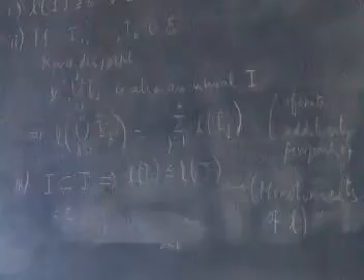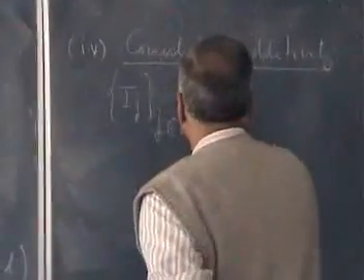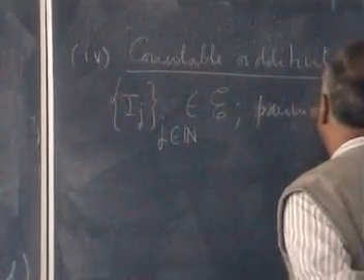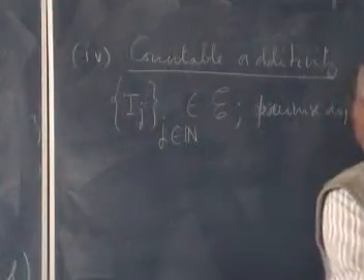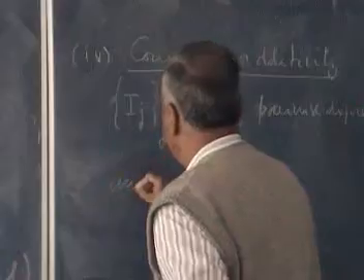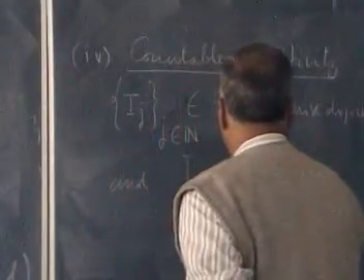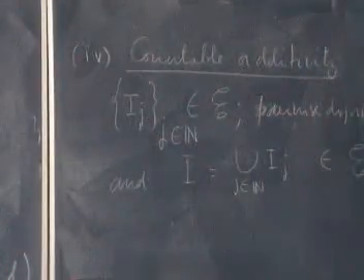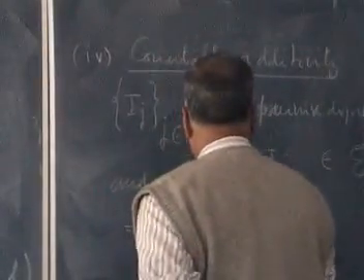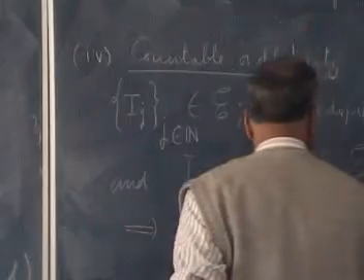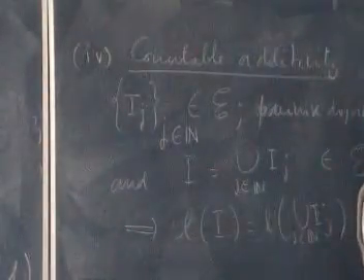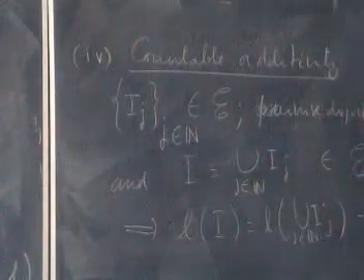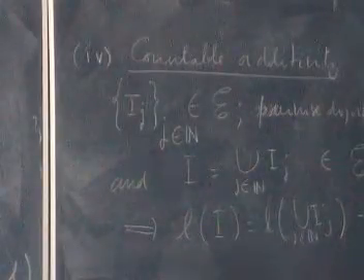Let Ij be a sequence of intervals, mutually disjoint, pairwise disjoint, and let I equal the union of the Ij. If the union is also an interval, then the length of I, which is the length of the union, is the sum of the lengths of the intervals. These are the basic properties of the length of an interval.